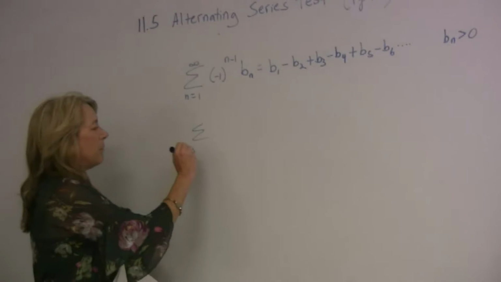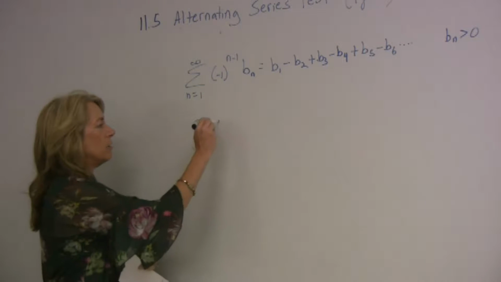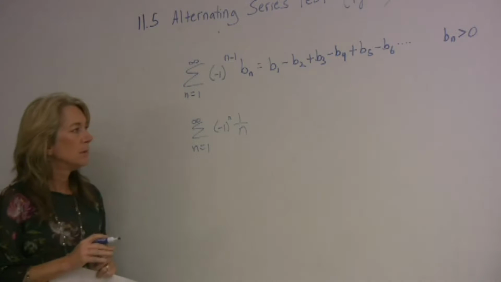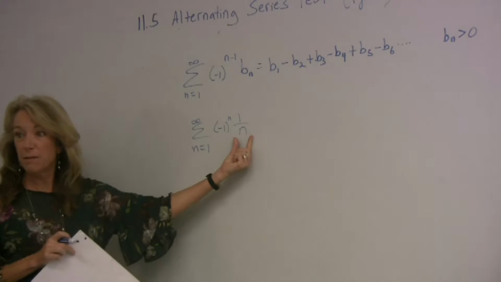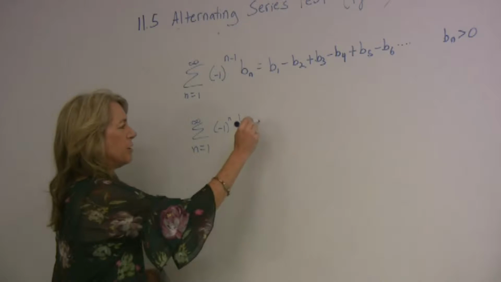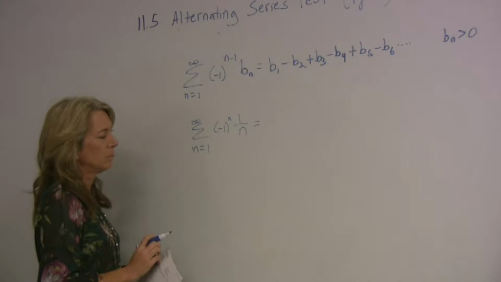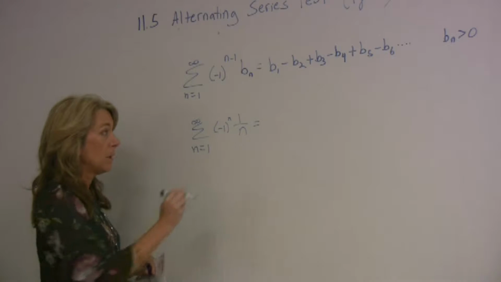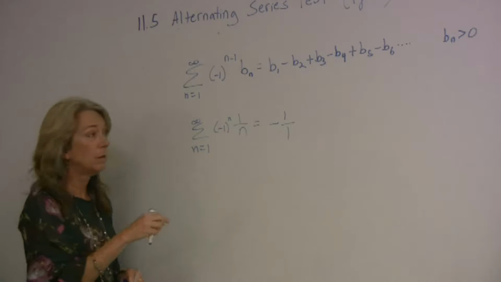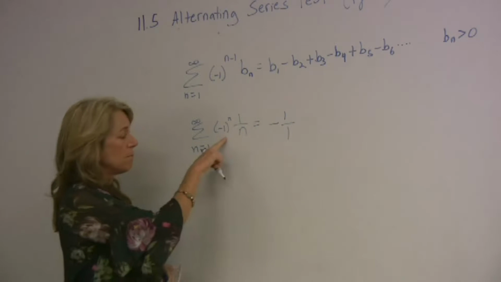An example might be what I call the alternating harmonic. So this part is positive. This part makes it alternate. What would the first term be? Negative 1 over 1, right? Negative 1 to the 1, 1 over 1. What's the next term?